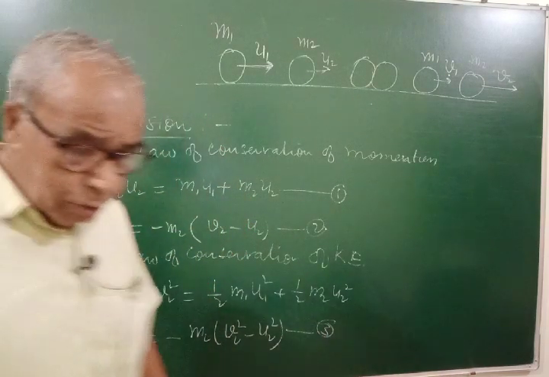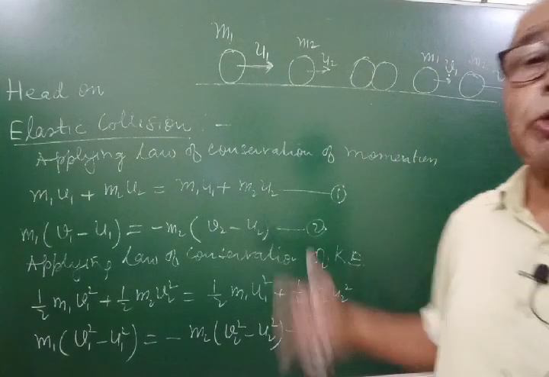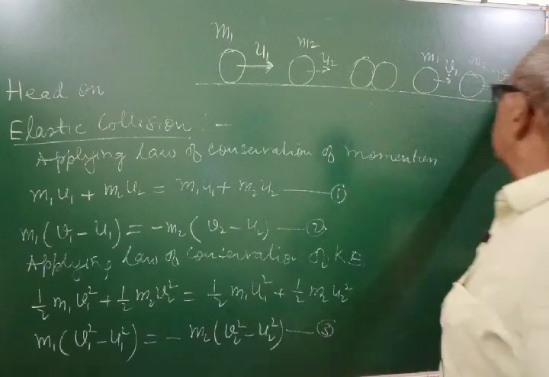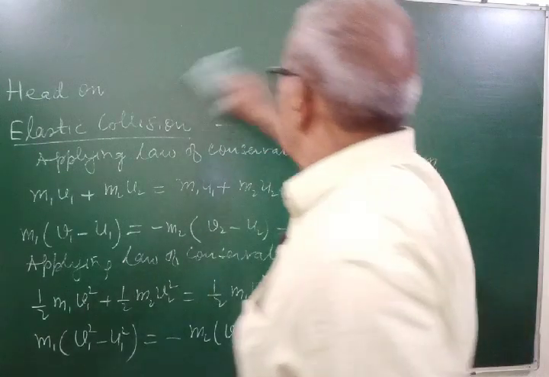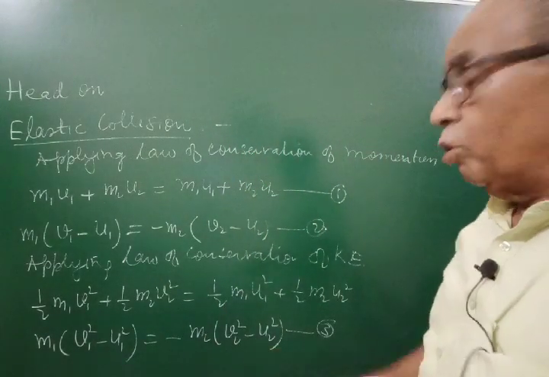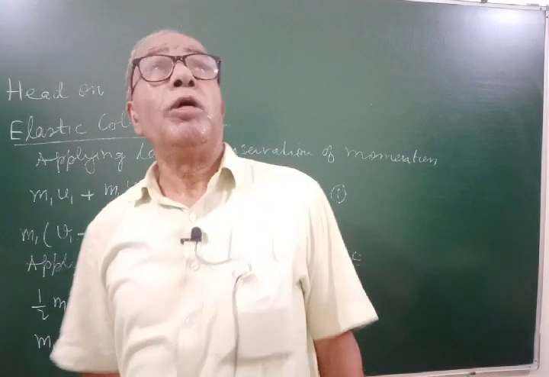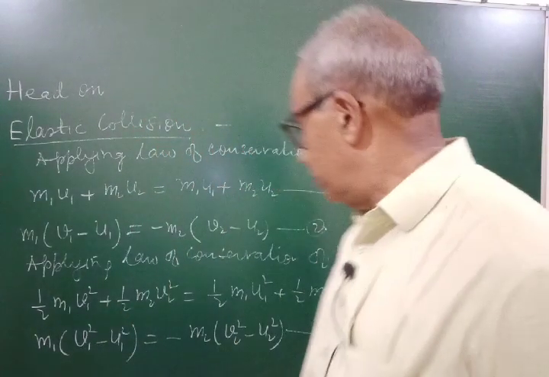Here when I write on the board it appears very simple, but when you try it yourself you will find it difficult. Now equation 3 and 2. You know a square minus b square is equal to a plus b into a minus b.